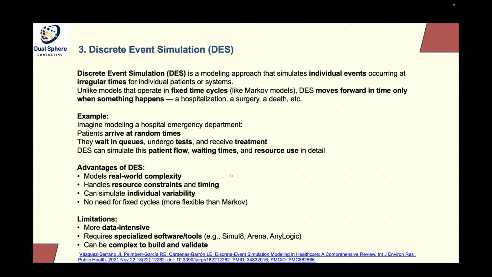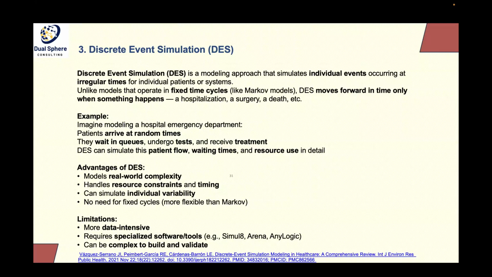In a Markov model, the transition of patients from one health state to another was happening in fixed time cycles. But here, DES helps you simulate when the next event will happen.